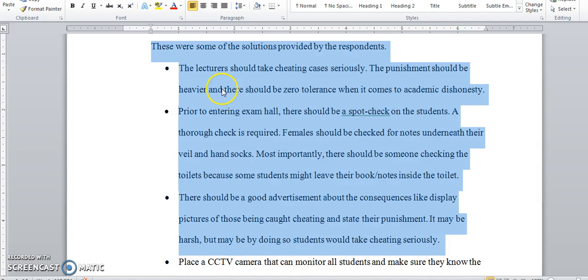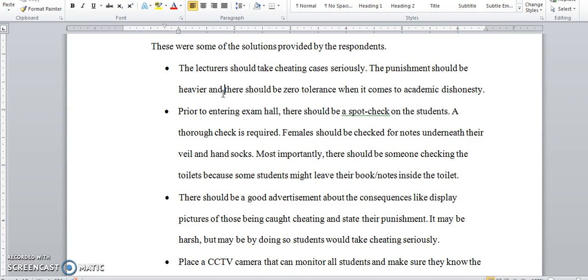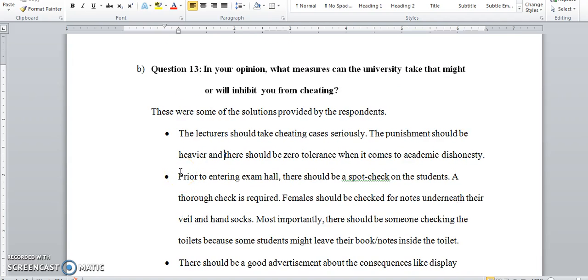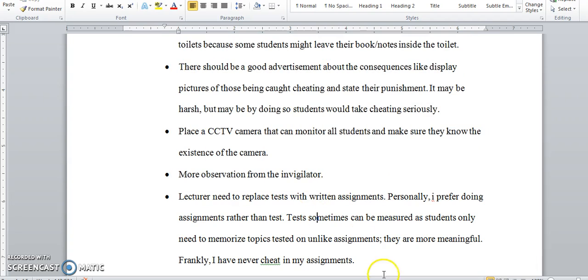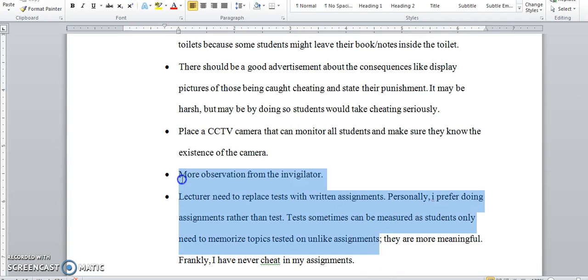So in my research, I had 171 people who replied to me. I cannot report everything. So what I did was I would read all of it and pick the best ones, because there will be similar answers from different people. So summarize those and write it here. Please remember that you are allowed to change their grammar, you're allowed to change the sentence structure, but don't change the meaning of the word, alright?